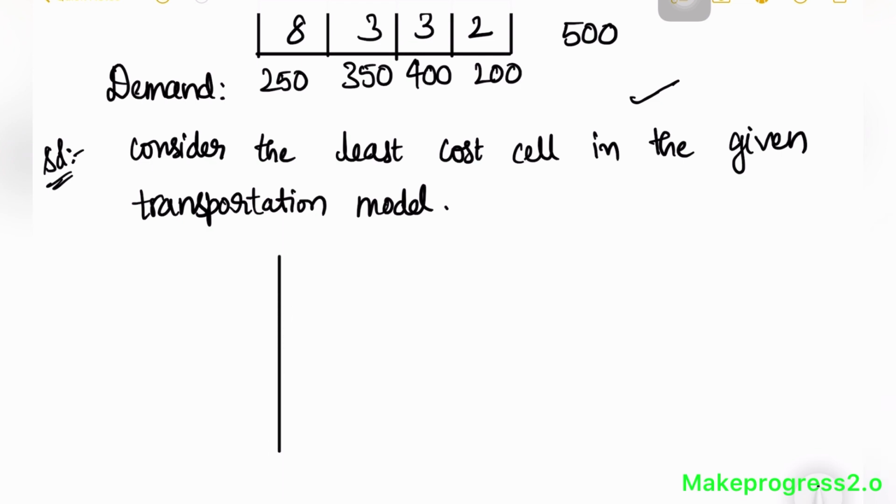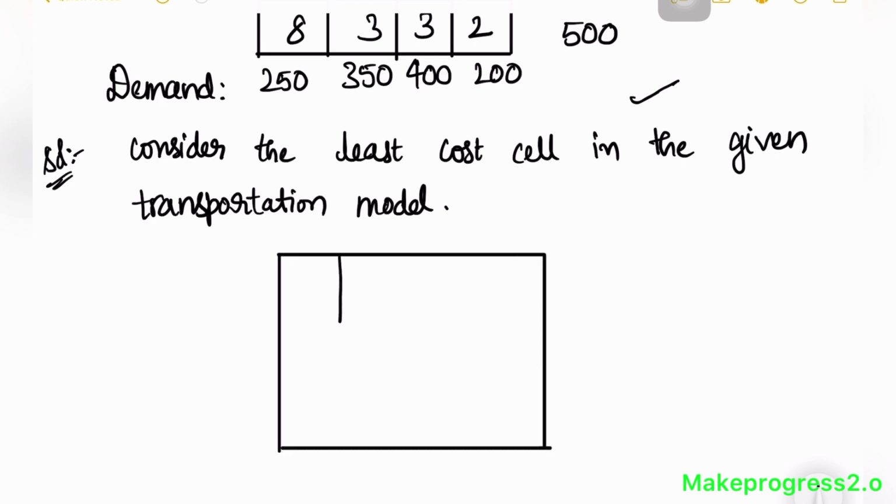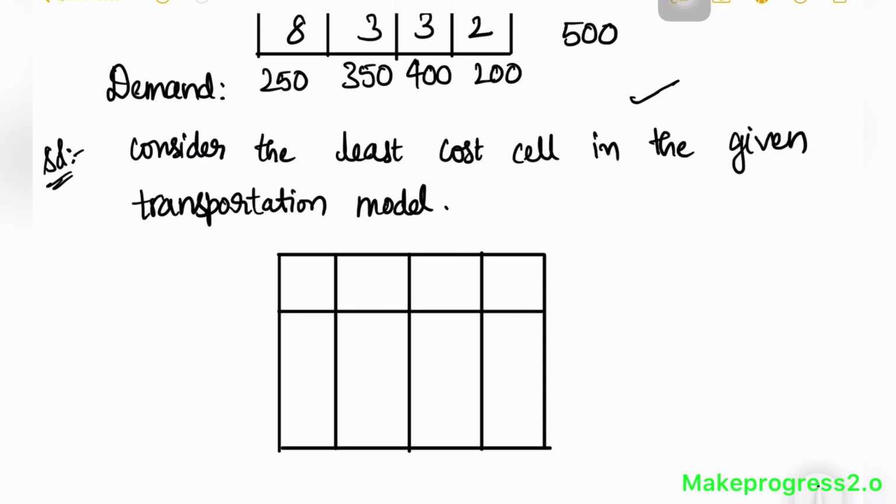Now let me redraw the table given. So here I have 4 columns and 3 rows. I'm just redrawing the table given in the question. This is the transportation model given in the question.